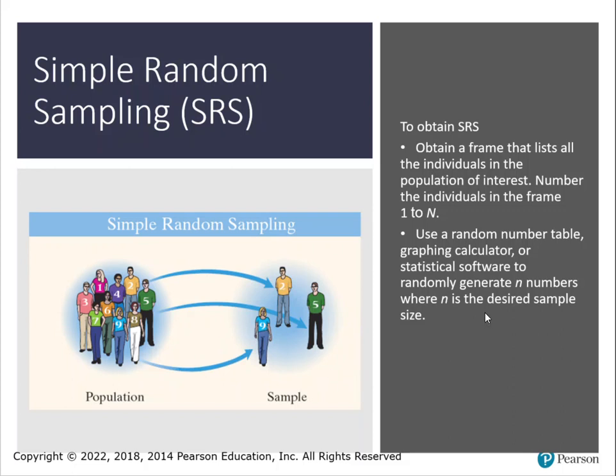Now, one thing to consider is that here it's stating that we're using either a random number table, which we don't use anymore really, a graphing calculator, or statistical software in order to generate the sample. The reason we do that is because, remember, we're trying to let chance play the major role here. If we just left picking numbers up to us individually, there might be some bias in that.